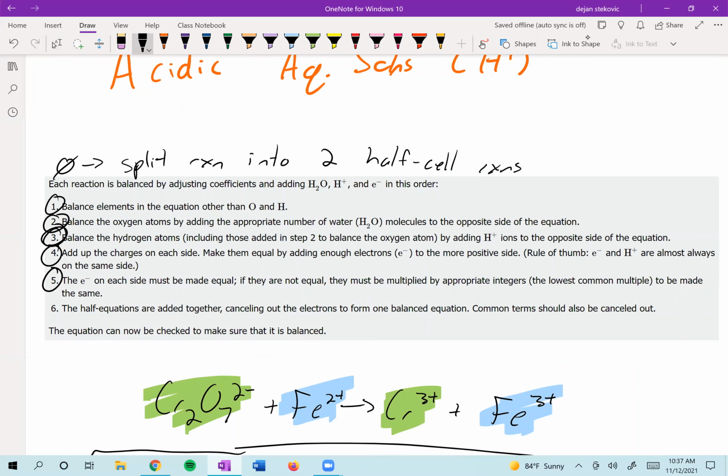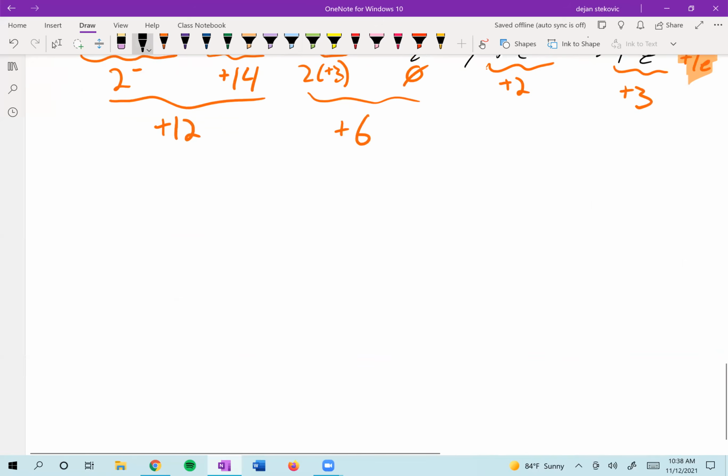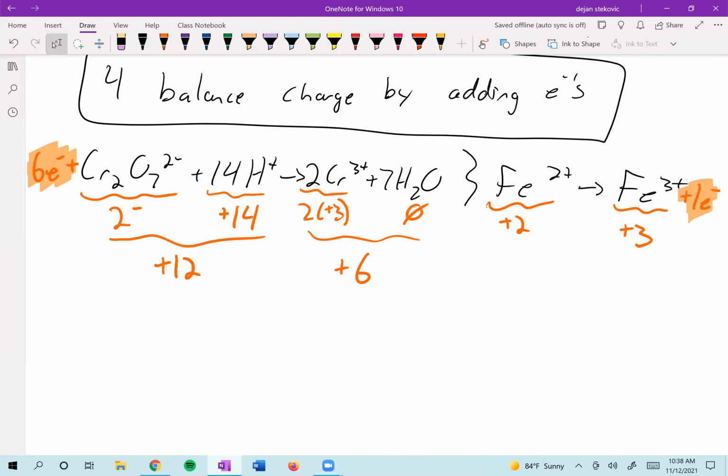Next step is the electrons must be equal on the same side, so multiply to make them equal. We'll call that make the number of electrons equal in both reactions.